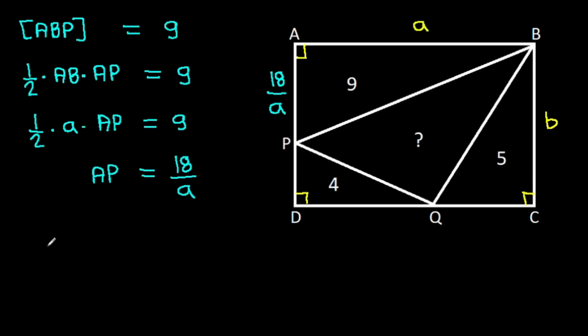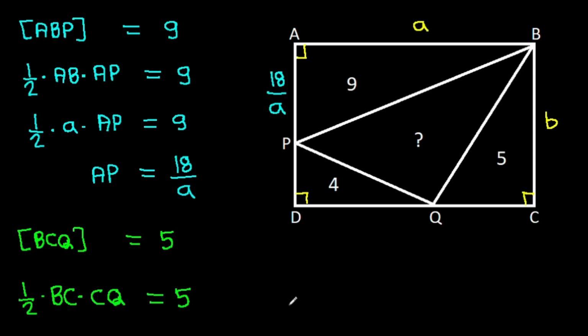And we have area of BCQ is 5, and area of BCQ will be 1/2 times base BC times height CQ. It is 5.